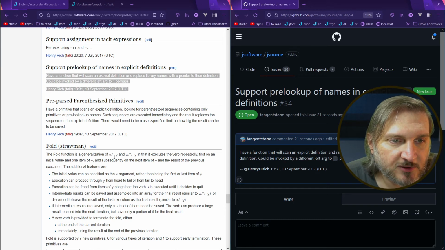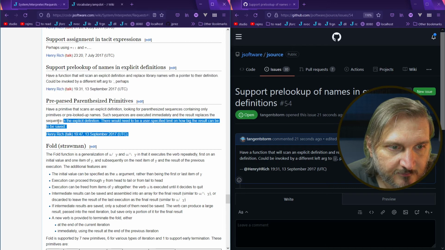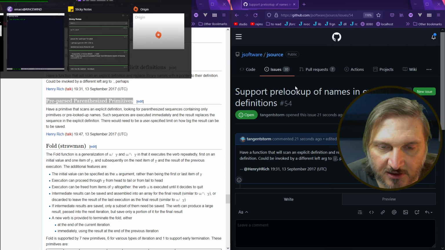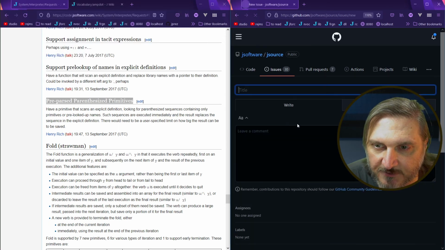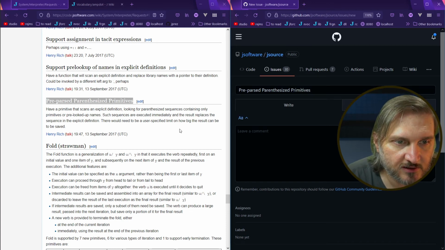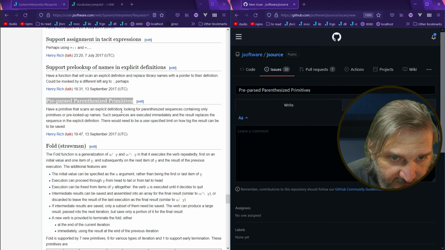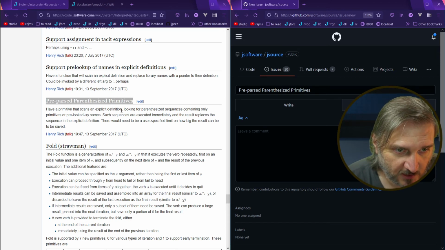Pre-parse parenthesized primitives. I believe this is implemented, and the idea is that it scans an explicit definition, looking for parenthesized, or rightmost, sequences containing only primitives or pre-looked up names.